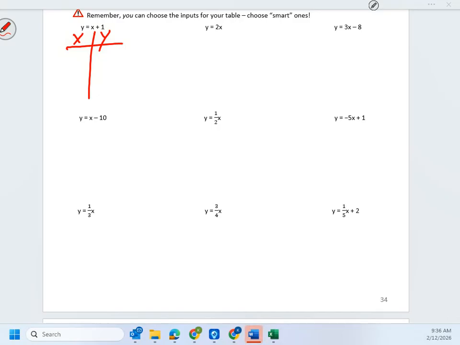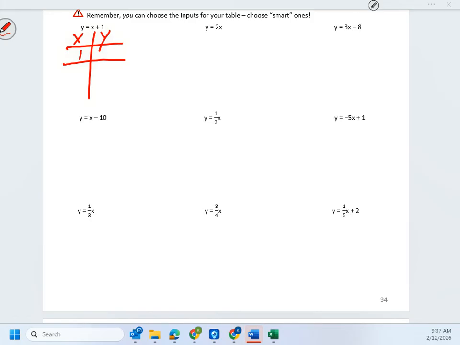So our input, what we're putting into our equation, is going to be different x's. Different numbers for the x. So when it's a standard rule like this, I like to start with 1, 2, 3, 4 for my x's.